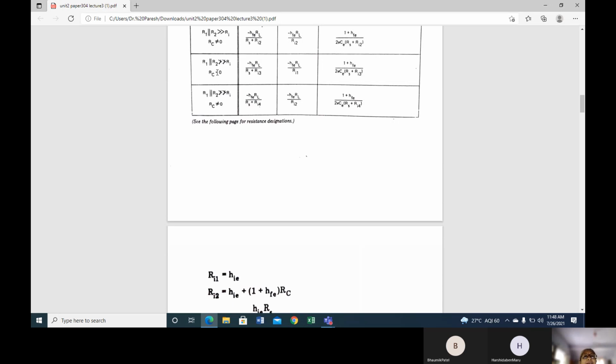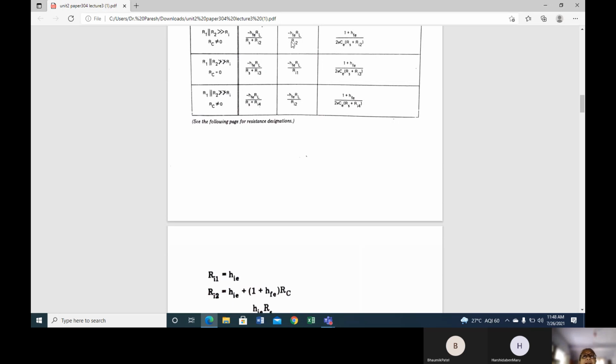Similarly, in this particular case we have got Ri3. RC is equal to 0, the capacitor is ideal, but R1 parallel to R2 is not very much greater than Ri. Then we have this factor Ri3 over here.